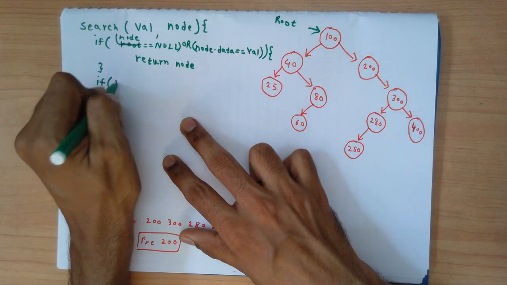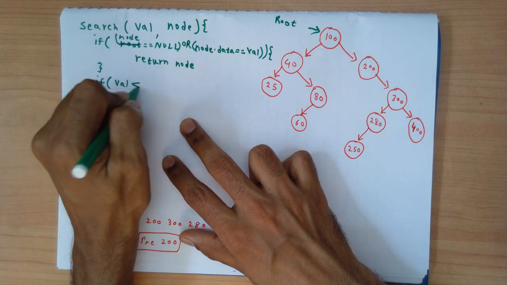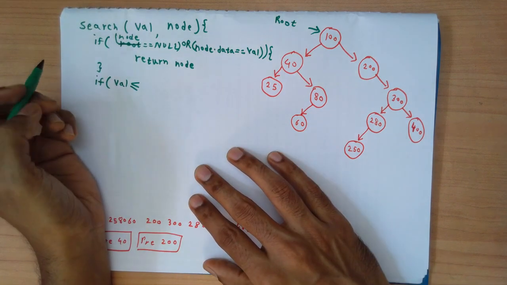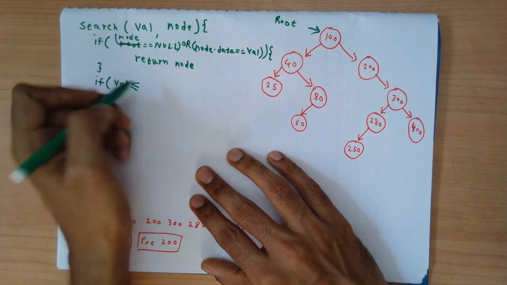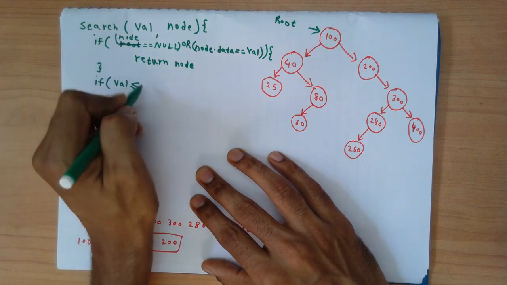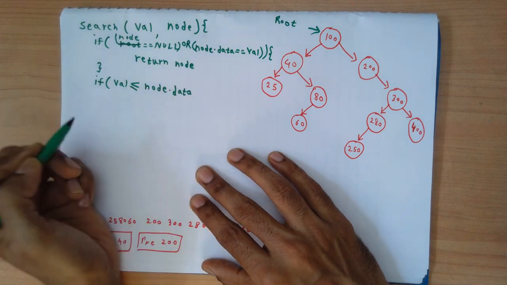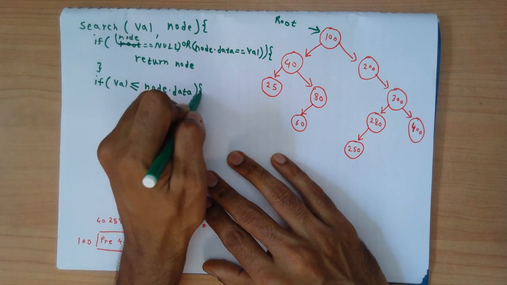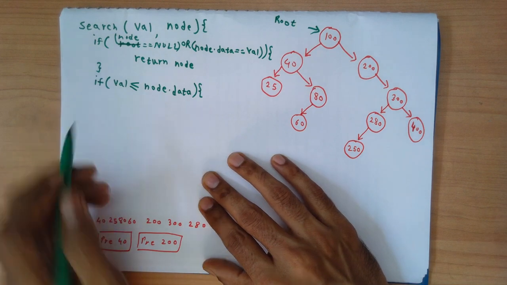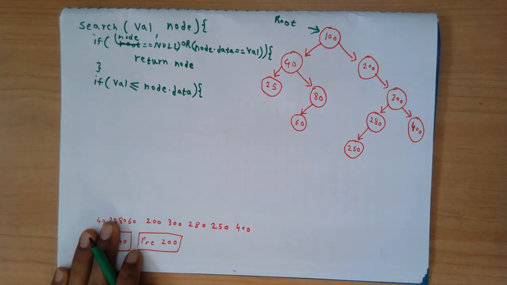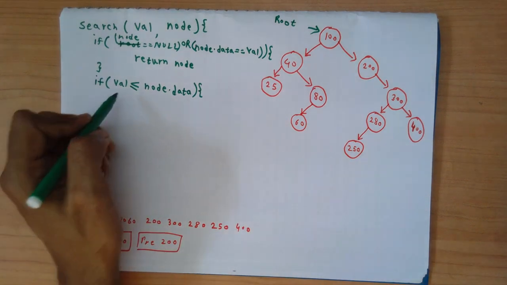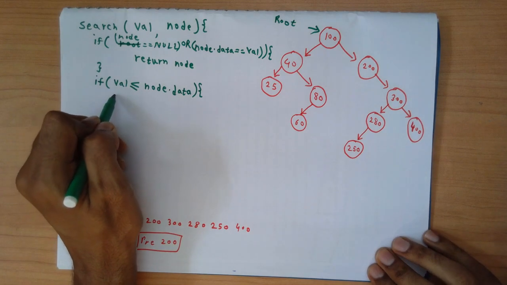If the value is less than or equal to node.data, then this corresponds to searching in the left subtree. So let's just write here: search in left.